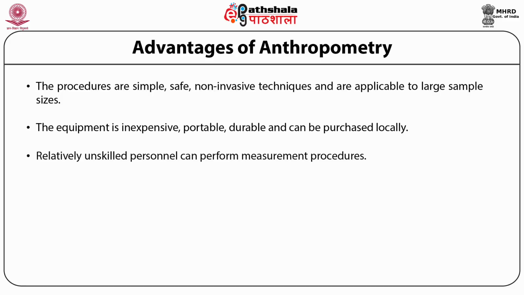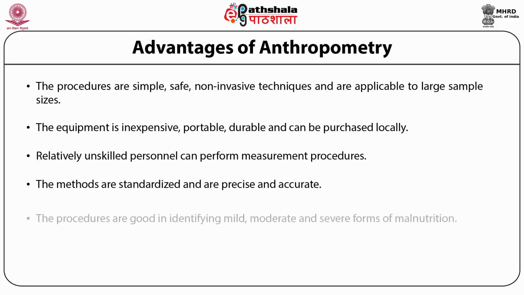Third, relatively unskilled persons can perform the procedure. Ideally, the person is first trained how to take the measurements and then they can follow up the procedure. Fourth, methods are standardized and are precise and accurate. That's what makes it very significant, because the method of taking each measurement is standardized.